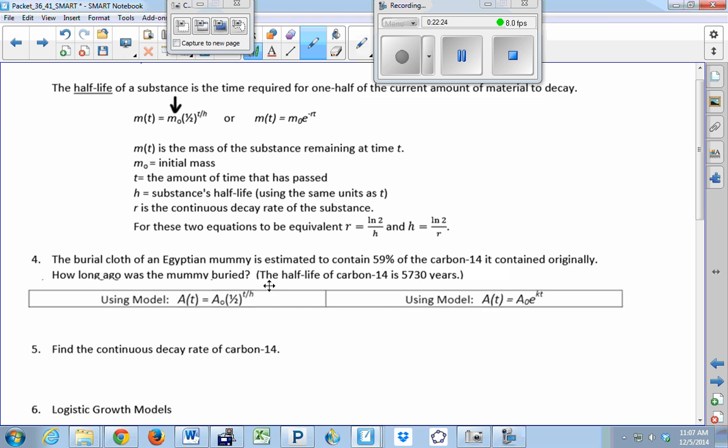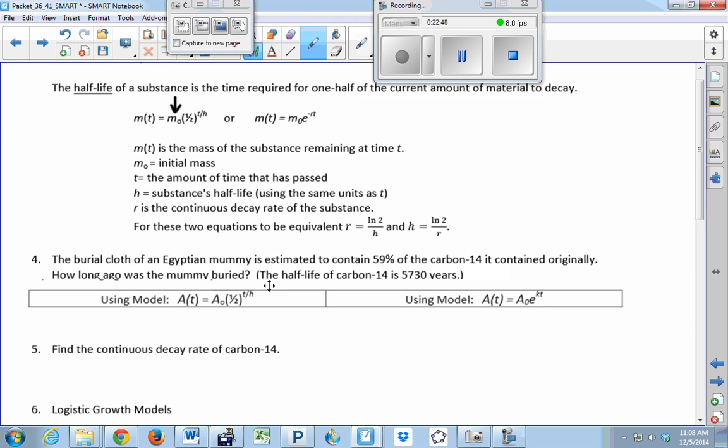The burial cloth of an Egyptian mummy is estimated to contain 59% of the carbon-14 it originally contained. Carbon-14 is used to date fossils that archaeologists find when they go out on their digs. Right now, as living human beings, we have 100% of carbon-14 in our bodies because we're all alive.